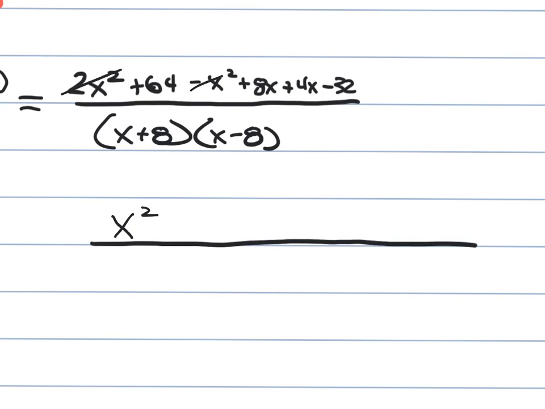That's those two dealt with. 64 minus 32. All right, let's go in order, though. Let's try to keep them in order. Like, let's do our x's first, so 8x plus 4x. Which is? 12. 8x and 4x is 12x. 64 minus 32? 32.